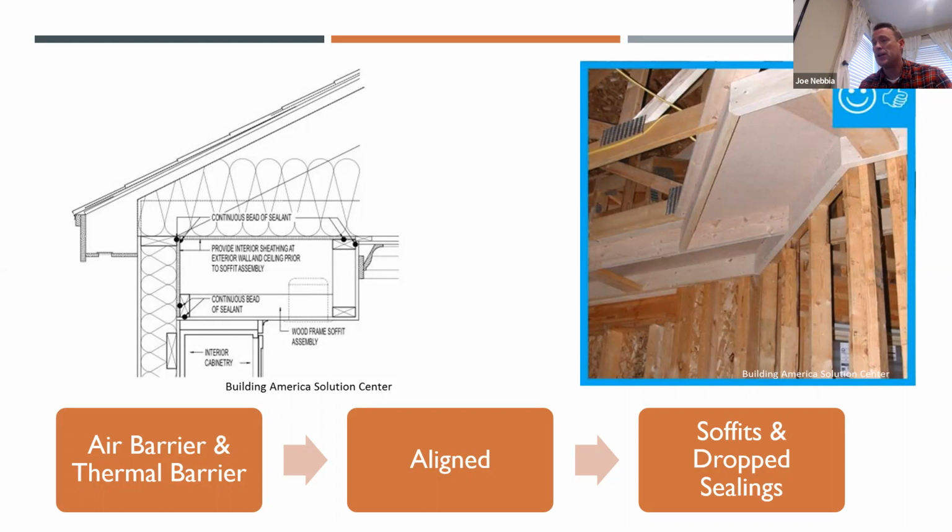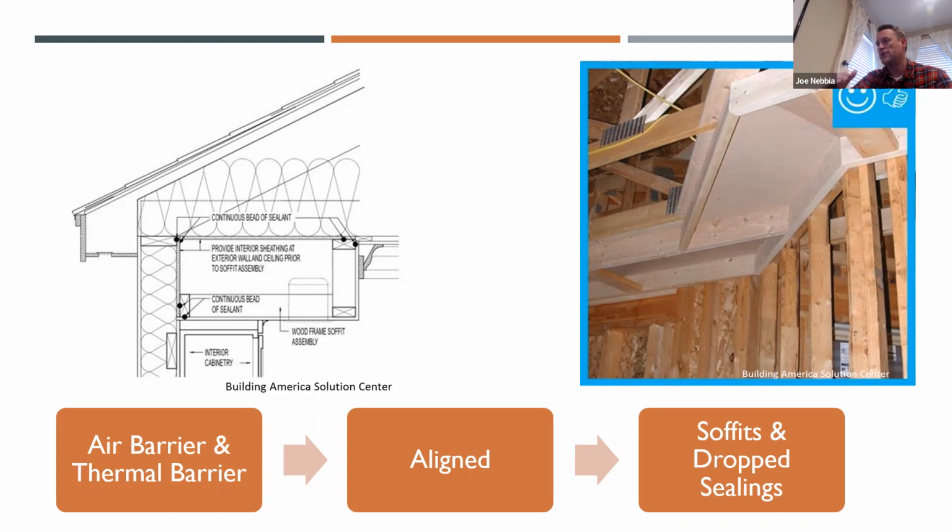In this example here, we've got a soffit, and the detail on the left here shows where I'm going to want to air seal so that my air barrier and my thermal barrier in the attic there is actually in alignment. If I were to air seal at the bottom edge, even if I have an interior air barrier, let's say I'm using my drywall and caulk and stuff on the inside as my air barrier, which is allowed by code, I couldn't do that on the bottom side of that soffit, even though I'm still following the path of the drywall, because the thermal barrier isn't there.